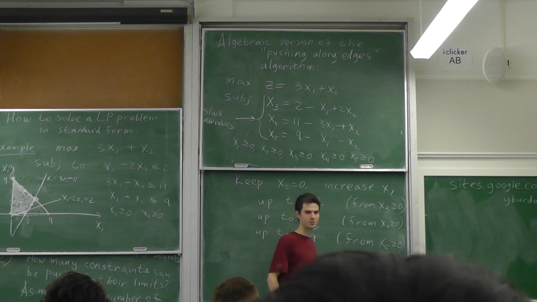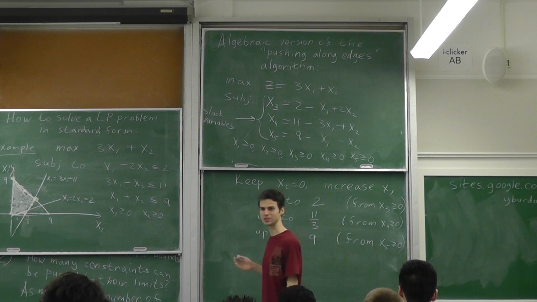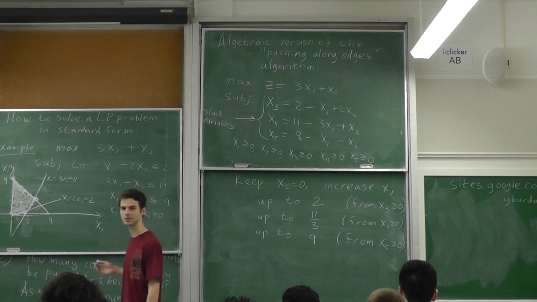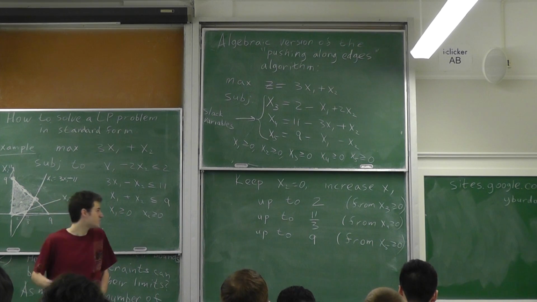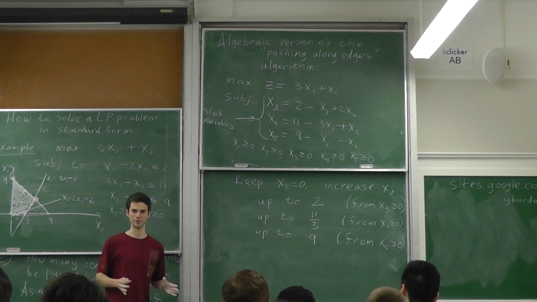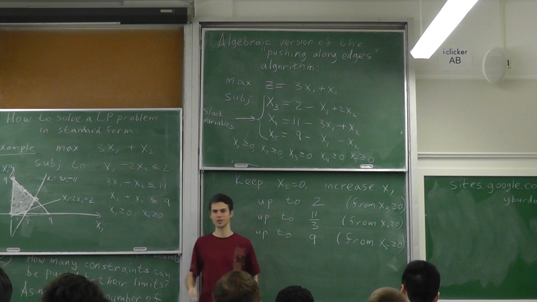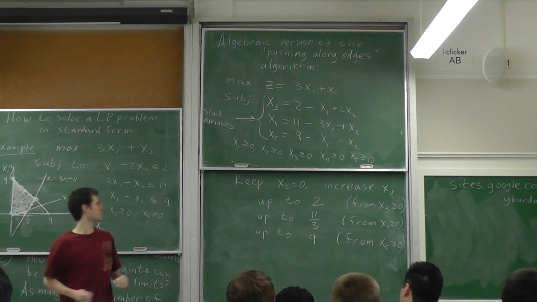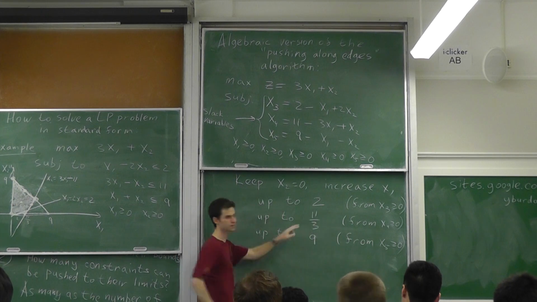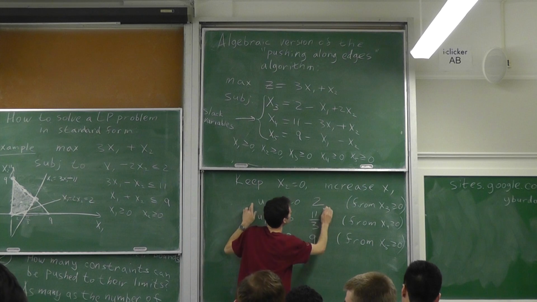So which should I listen to? They tell me 3 different things, which should I listen to? Well, the answer is I want to listen to all of them. And the one which is the strictest, which tells me, well, don't do this, is the first one: you want to increase x1 only up to 2.